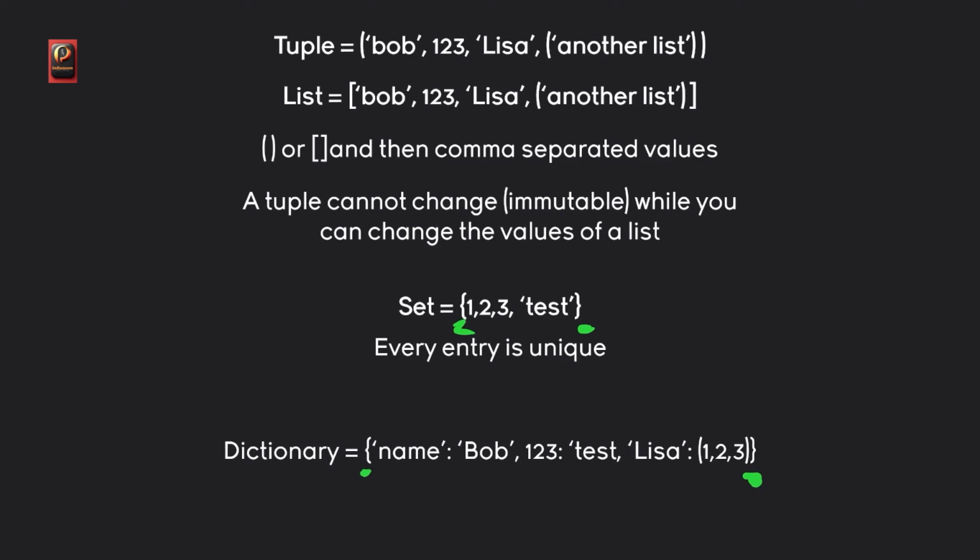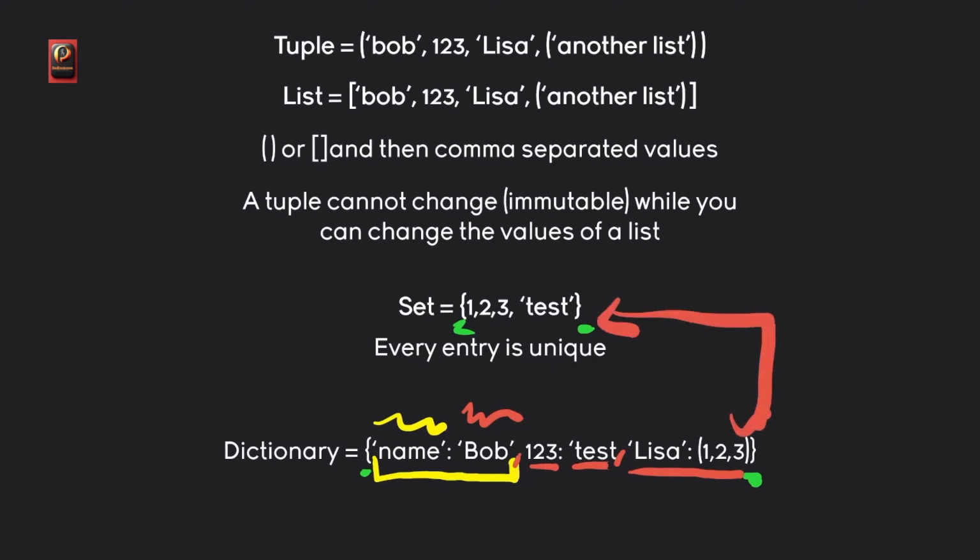Finally, we have a dictionary, and this one has quite a different data structure. We still have curly brackets like we have for a set, which might be a bit confusing, but the major difference for a dictionary is that it's a collection of key-value pairs. We no longer have individual values, instead, we have what is called a key-value pair. In this case, for example, the name is the key, and Bob is the value. After that, we have a comma separating another key along with another value, and this can continue forever.